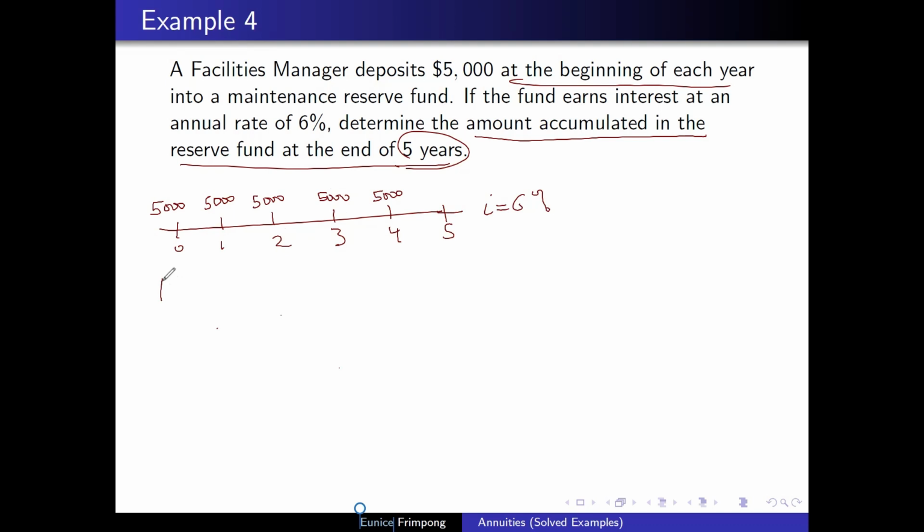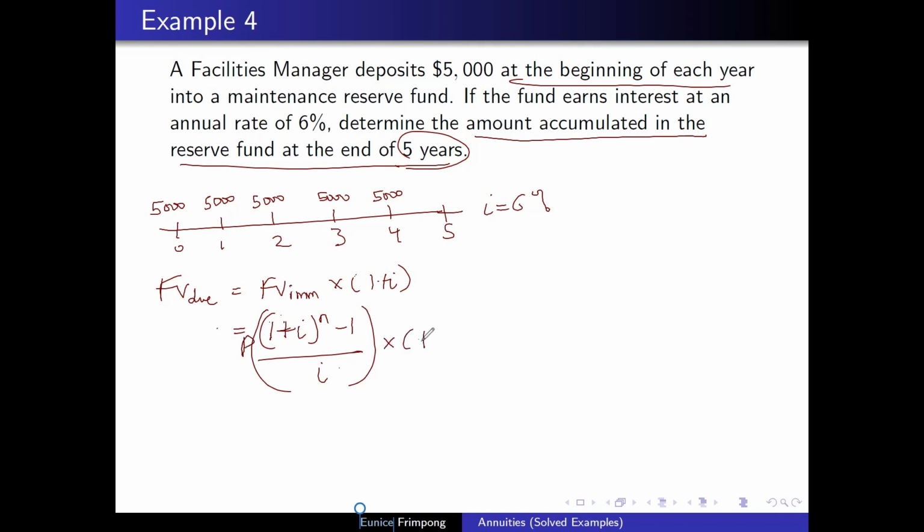We want to know the future value of this annuity due, and that's equal to the future value of annuity immediate times 1 plus i. So the future value of annuity immediate is 1 plus i to the power n minus 1, all over i, times P, which is the level payments being made, times 1 plus i coming from here.